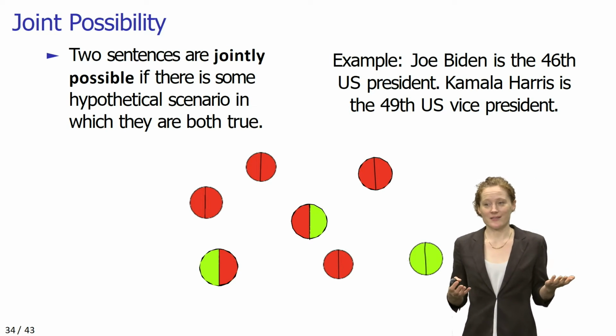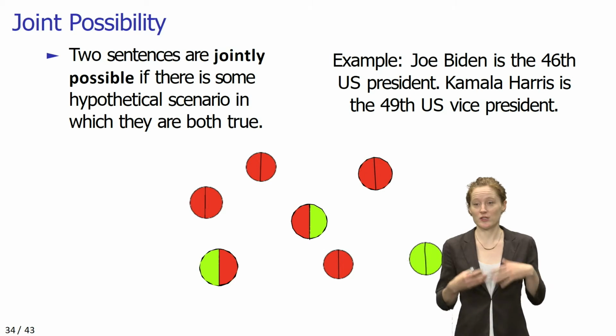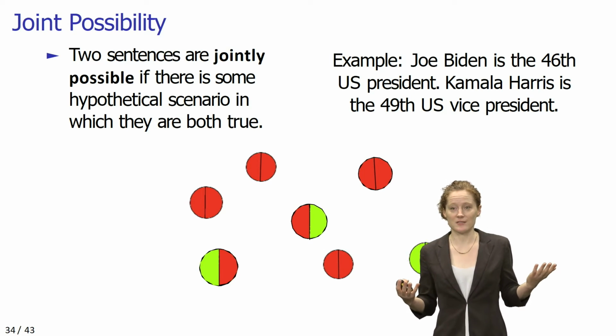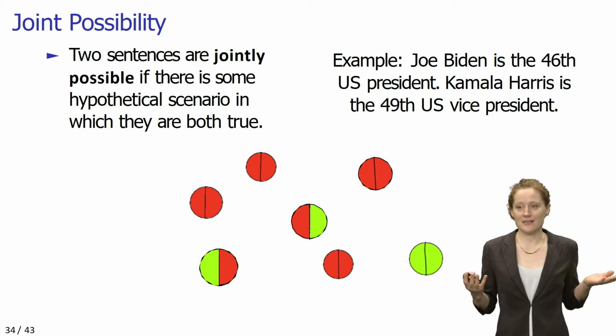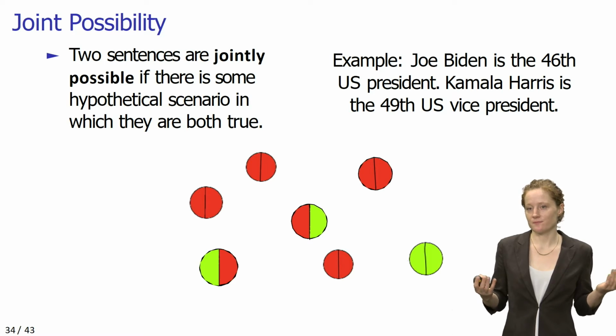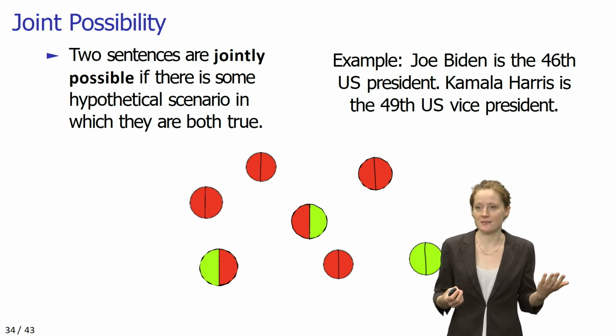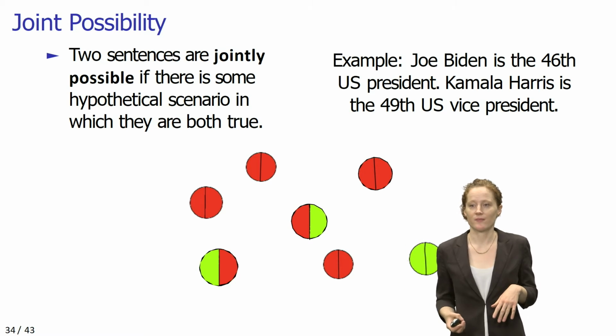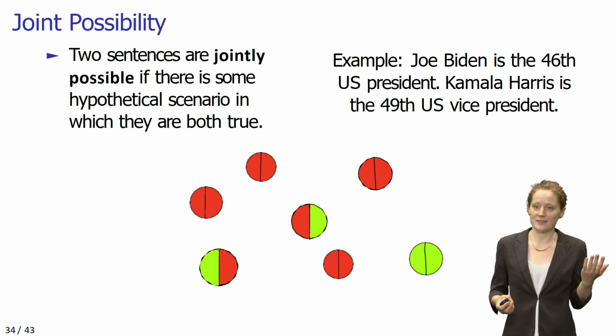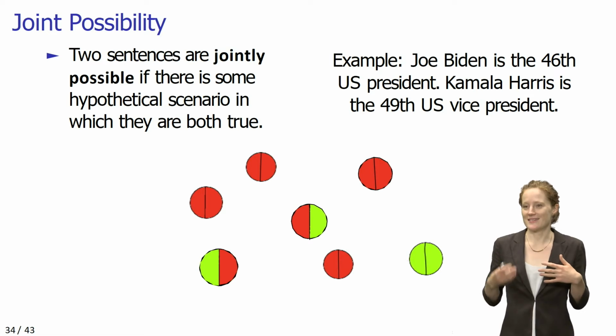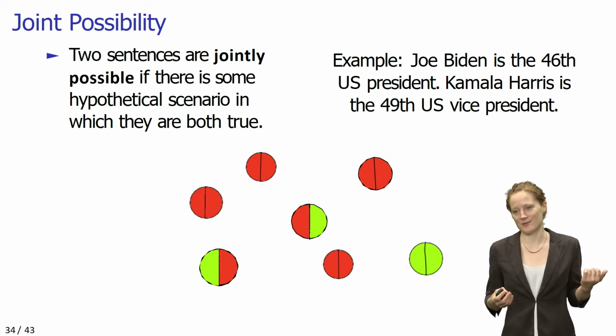Now, there are some hypothetical scenarios in which both of these sentences are false. It wasn't necessary that Joe Biden won the election. There are some hypothetical scenarios in which only the first sentence is true, but the second is false. And there are some hypothetical scenarios in which only the second sentence is true and the first sentence is false.